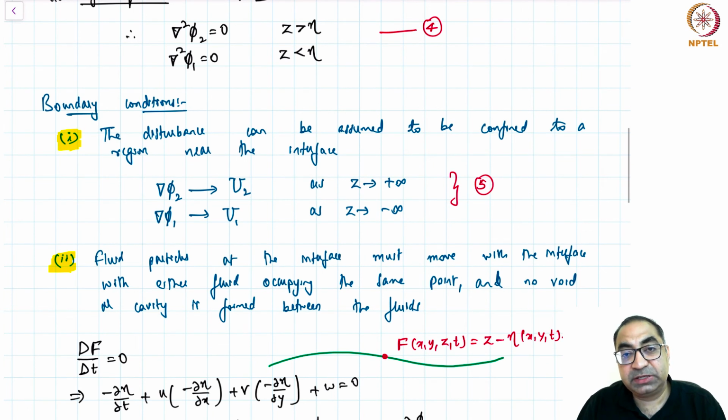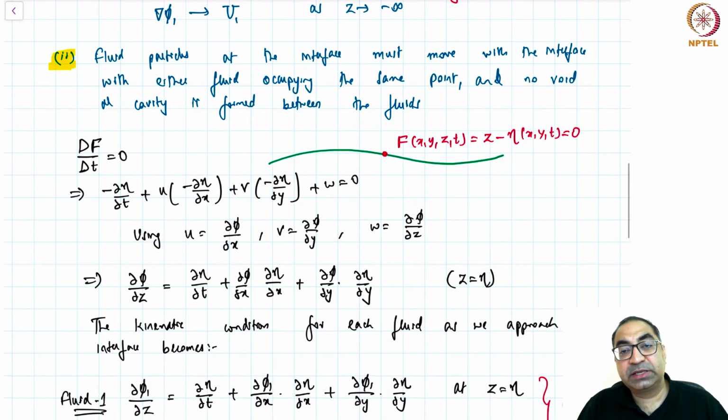The first boundary condition is that if you create any undulations on the interface, if you disturb the flow near z is equal to 0, the disturbance would persist only in a finite region near the interface. But as you go far away from the interface to infinity, you should recover the uniform stream velocity that you have in the base state.